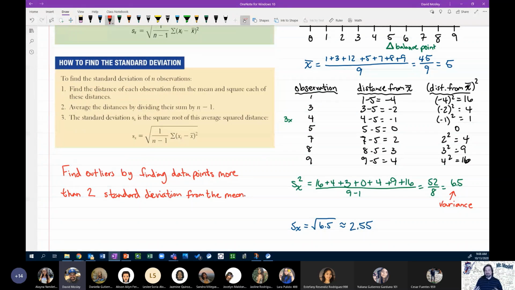Just like when we do the IQR times 1.5, we add it to Q3 and we subtract it from Q1. Same idea with standard deviation. We're going to add it to the mean 2 times. We're going to subtract it from the mean 2 times. Anything that's outside of that 2 standard deviation bubble could be considered an outlier. Okay?